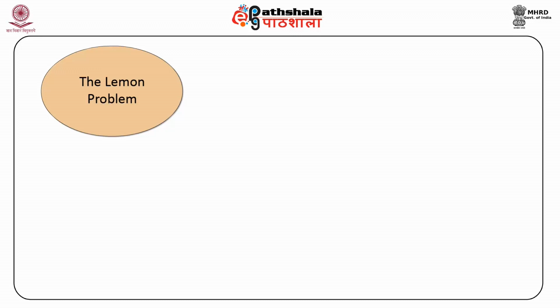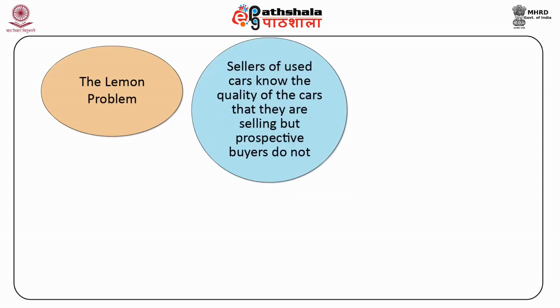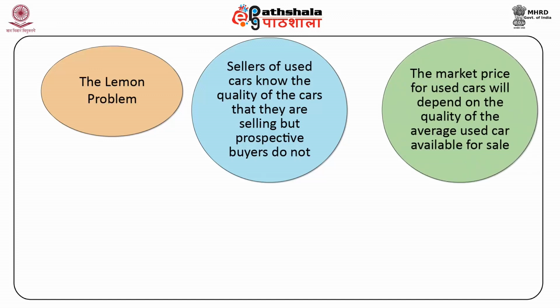George Akerlof has provided a simple explanation based on imperfect information. Sellers of used cars know exactly the quality of the cars that they are selling, but prospective buyers do not. As a result, the market price for used cars will depend on the quality of the average used car available for sale.